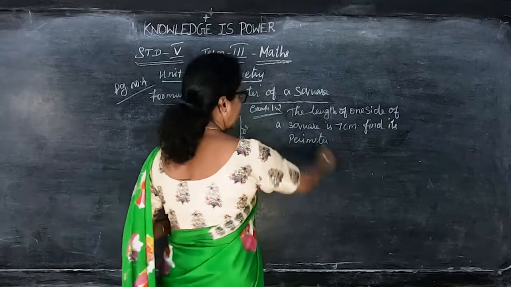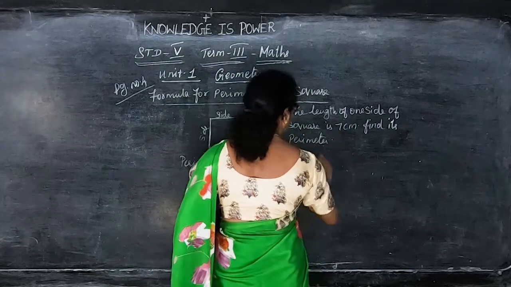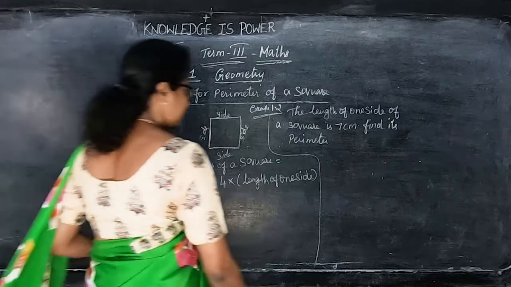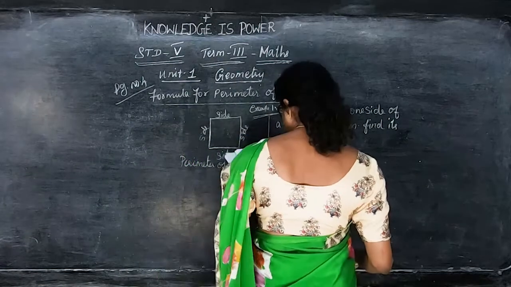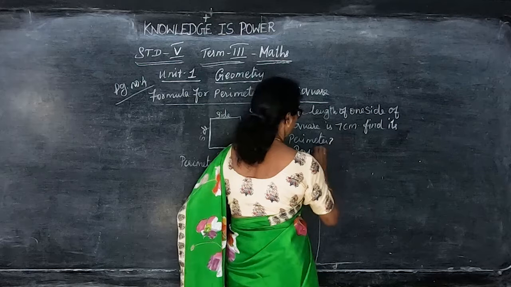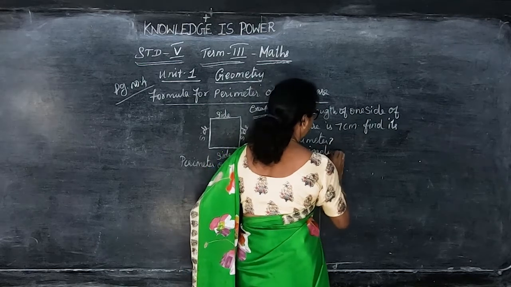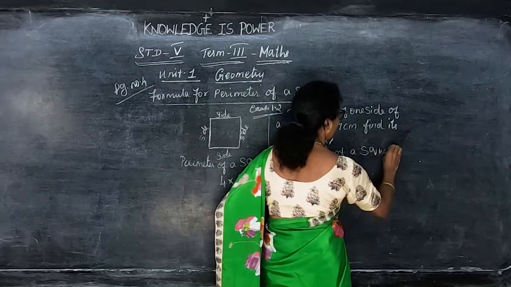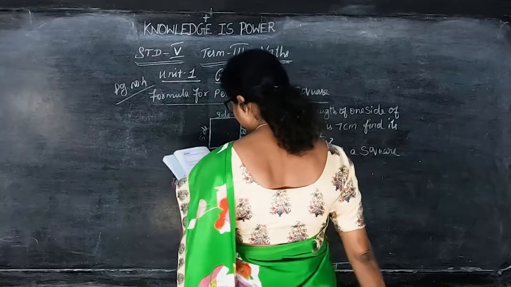So the length of one side of a square is 7 centimeter. Find its perimeter. So you can write perimeter of a square. What is the perimeter of a square? 4 into length of one side.